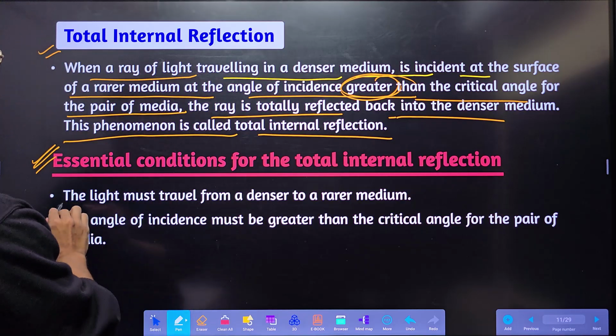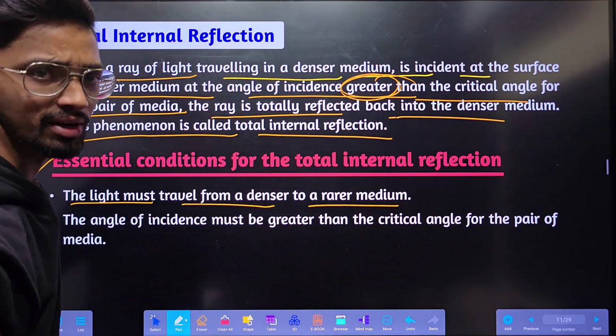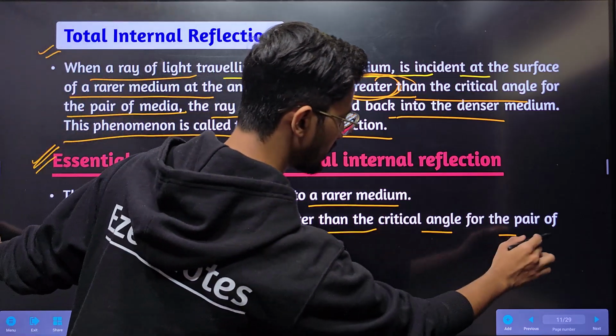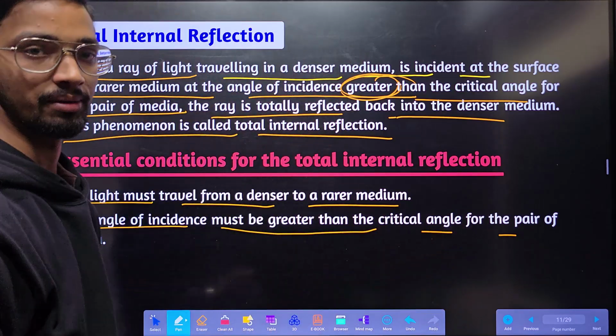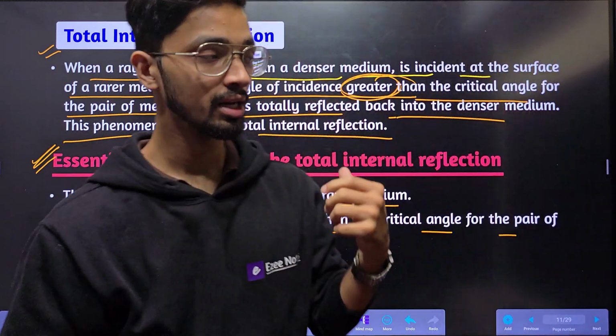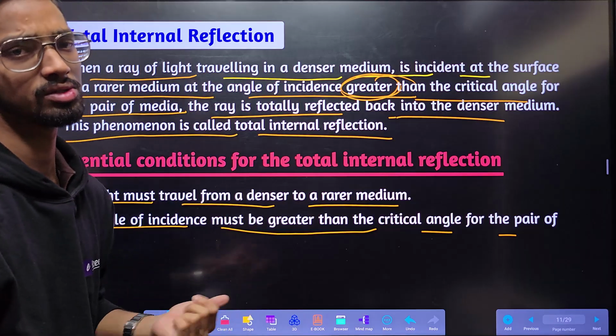First condition, light should be traveling from denser to rarer medium, and the angle of incidence must be greater than the critical angle for the pair of media. If these two conditions are satisfied, then total internal reflection can occur. If they are not satisfied, there is no total internal reflection.